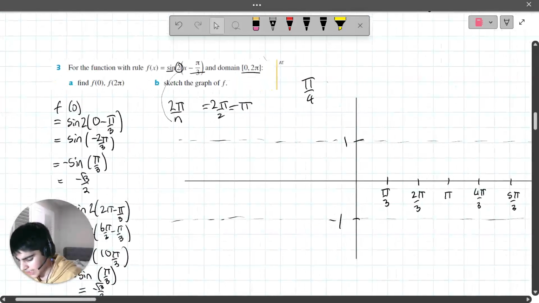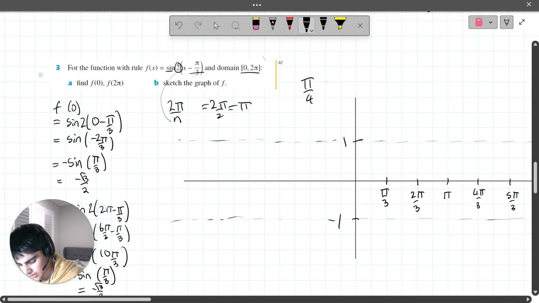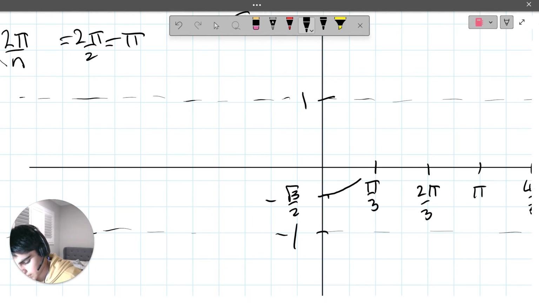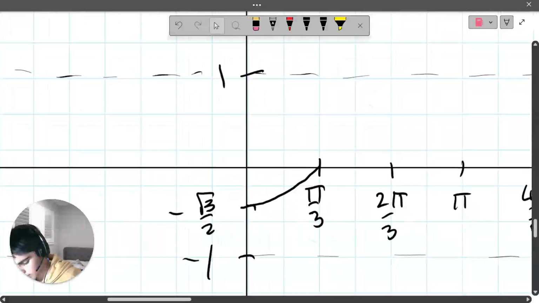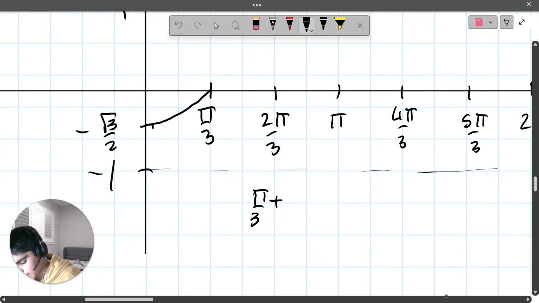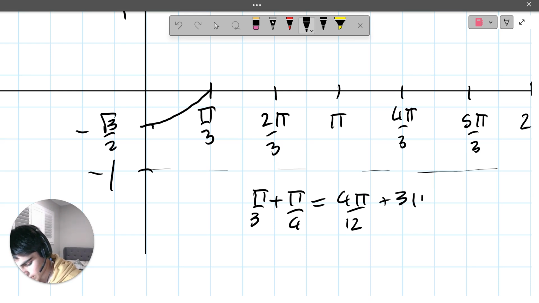Okay, because we know that f of 0 equals negative root 3 on 2, over here we can just write negative root 3 on 2 and just begin. Now pi on 3 plus pi on 4 equals 4 pi on 12 plus 3 pi on 12, which equals 7 pi on 12.